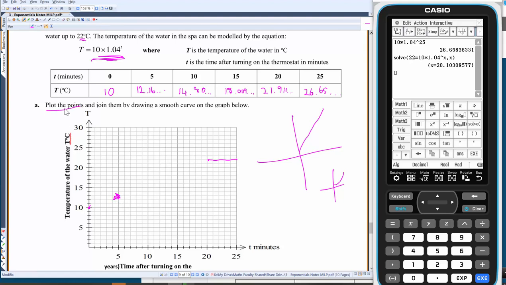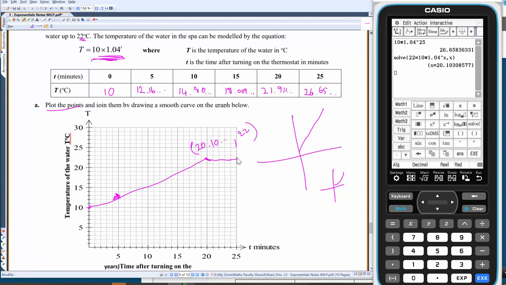I know it says plot the points, but we won't get a nice smooth curve if we do, or the curve is going to look very much like a linear function. All right, so let's get it to curve up to that point there, and then it will stay at this point here. Okay, so the join happens at 20.10... comma 22 degrees.